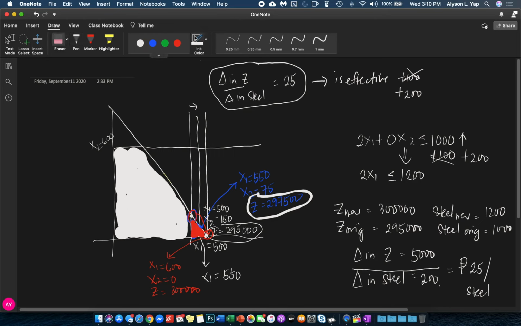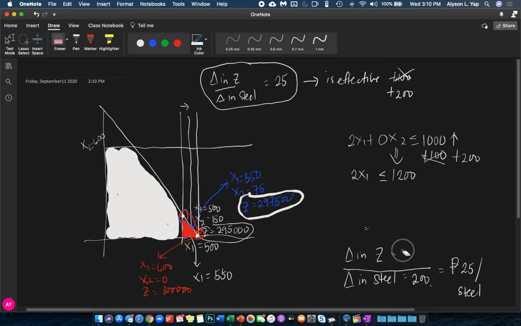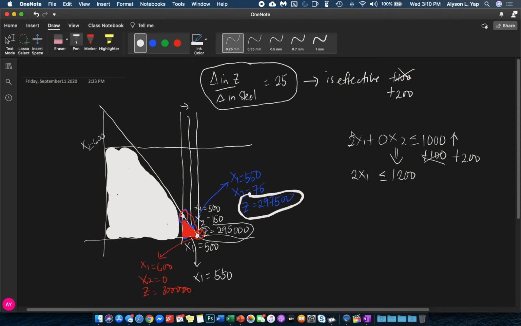Okay. So given that we found the effect of increasing steel in your model increases your z by 25, what we will do now is to answer the question: what if this increase is beyond an additional 200?